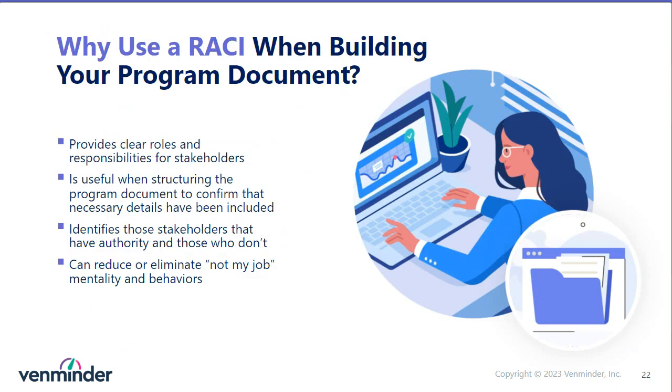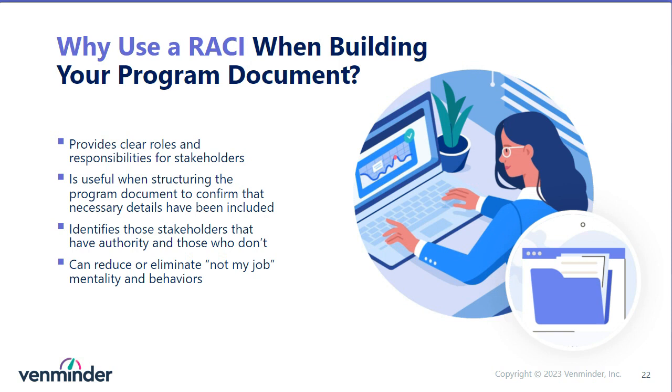Now, I said before that I love RACI charts, and I think you will too, but if you're asking why we should take the time to break out all the roles and responsibilities in this RACI chart, well, there are a lot of reasons for doing that. But the first reason is it's going to provide clear direction as to who's responsible for any one process.